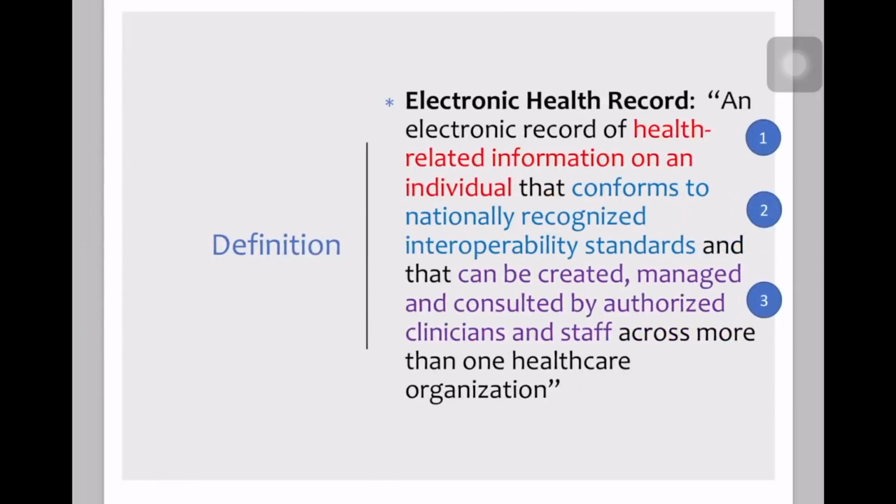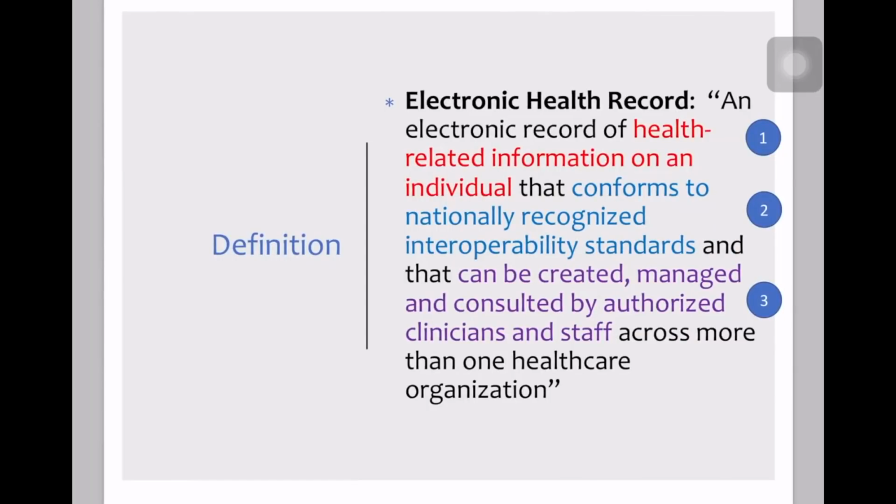We define the electronic health record as an electronic record of health related information on an individual that conforms to nationally recognized interoperability standards, and that can be created, managed, and consulted by authorized clinicians and staff across more than one healthcare organization.